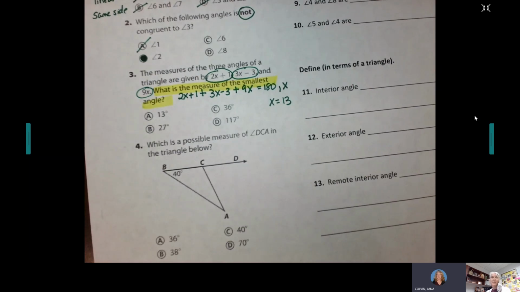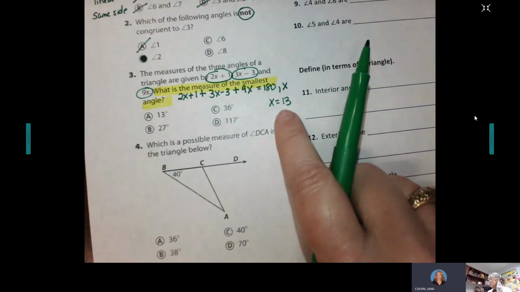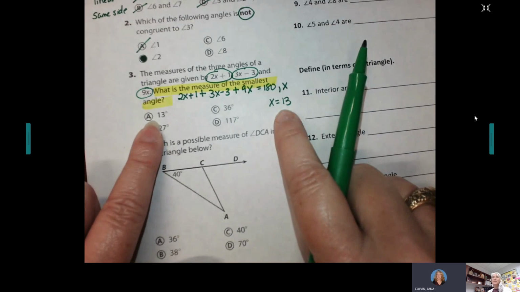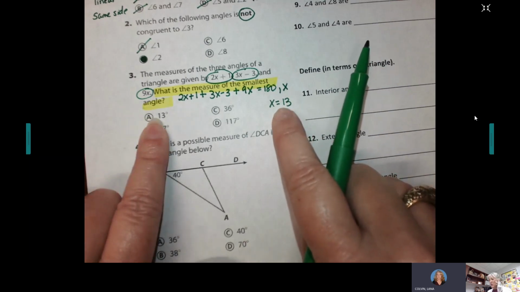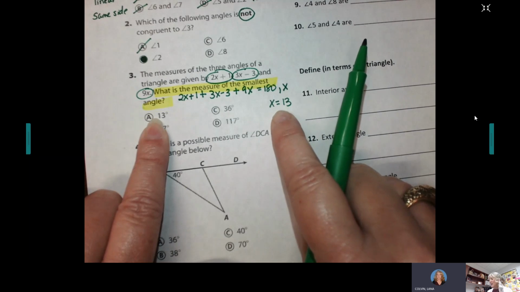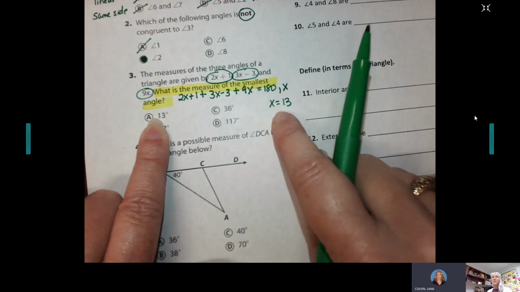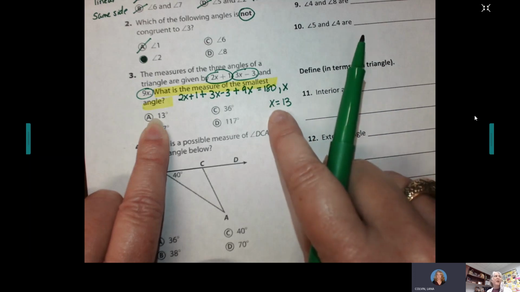What is the measure of the smallest angle? Do you notice that they put the solution for X as one of the answer choices? They are counting on you to get X equals 13 and go straight for that answer. But we're not finished. This is not the measure of the smallest angle. This is the value for X.